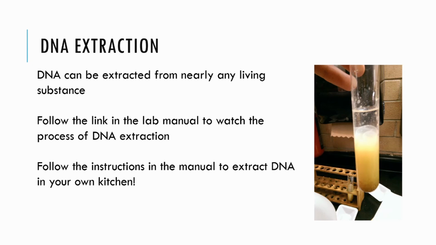You need detergent to break down the membranes, the plasma membrane and the nuclear envelope. And one of the other really important pieces you need is really cold, either isopropyl alcohol or ethanol. So for those who are under 21, you'll want to use isopropyl alcohol, which is rubbing alcohol.